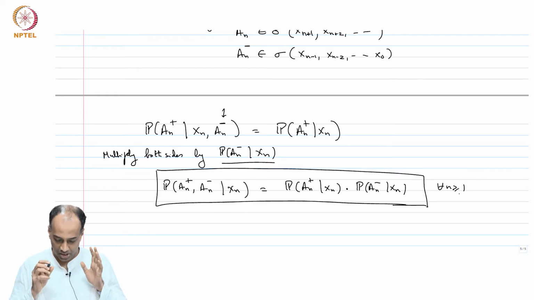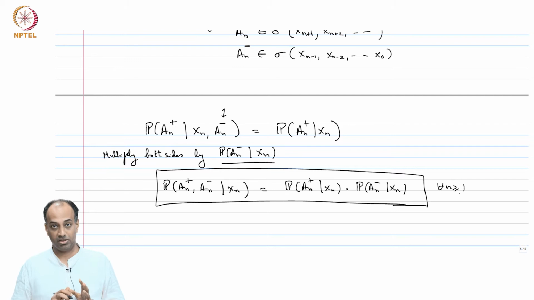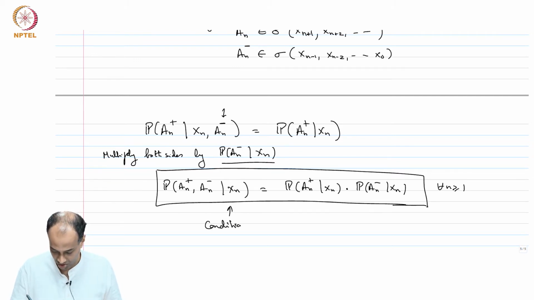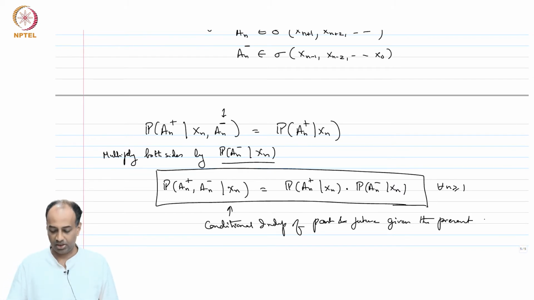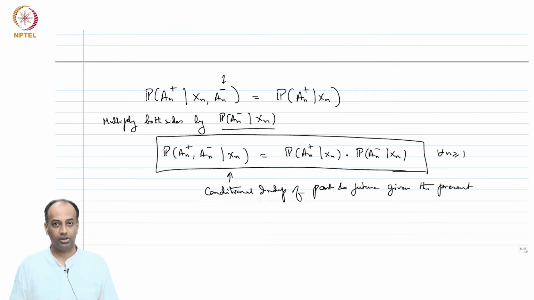You have conditional independence of past and future given the present. This is what the Markov property really means. We sort of knew all this; I am just writing it down in a particular notation.